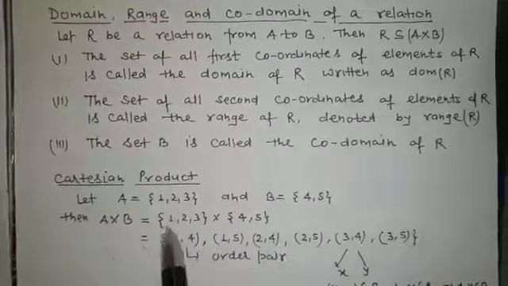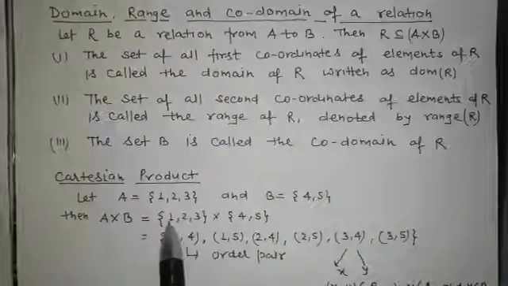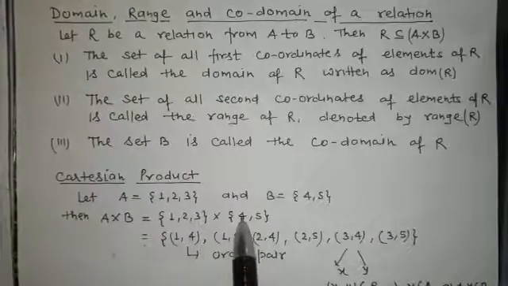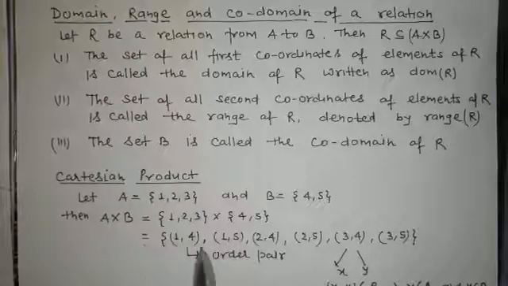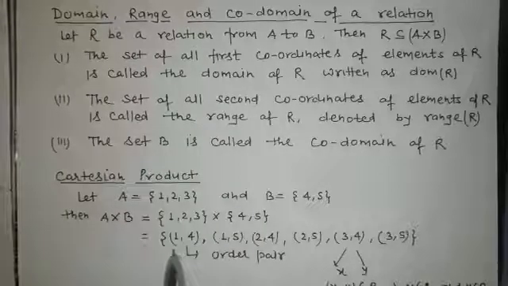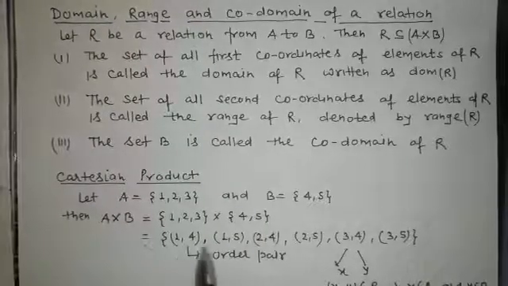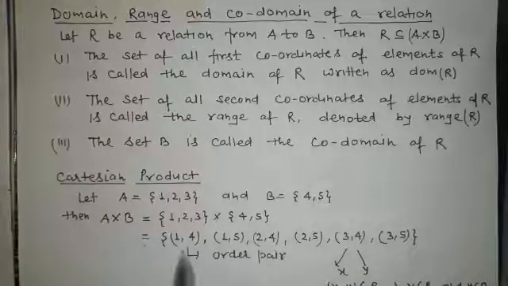Each element of the first set is related to each element of the second set. So, each of these elements is called an ordered pair.